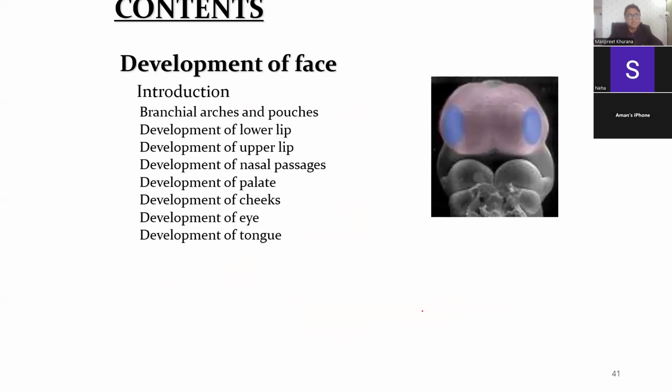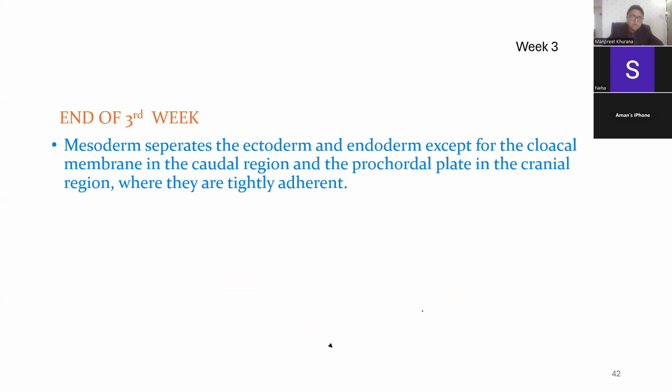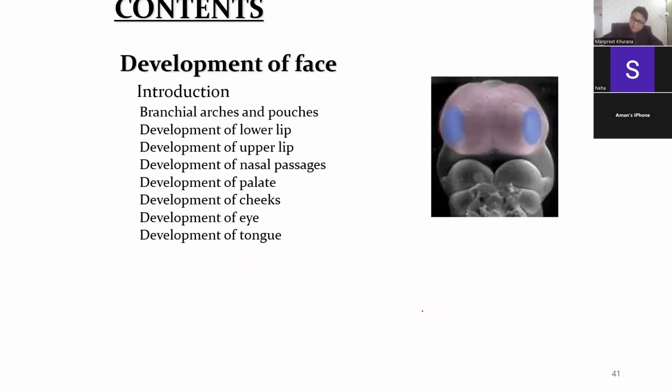Now, the next topic is the development of the face. The development of the face is the most important topic. We'll be reading about pharyngeal arches and pouches, and along with them we'll be discussing all the derivatives of the nerves and all the derivatives of the muscles.